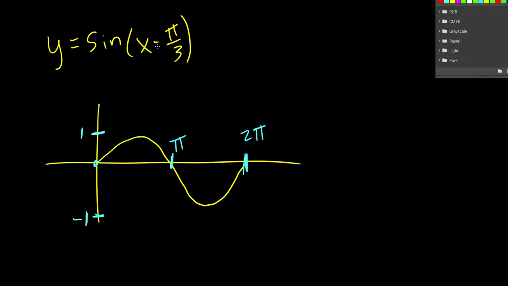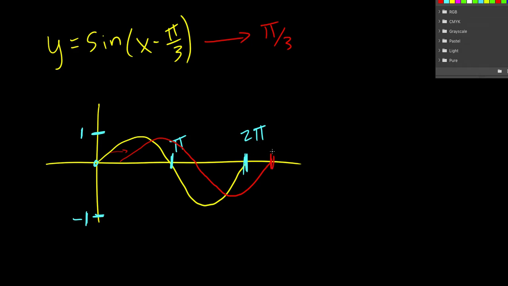Now, if it's minus pi thirds, it's going to move to the right by pi thirds. So in other words, we need to add pi thirds to each of these answers. And so, in a general sense, it's going to look like this.